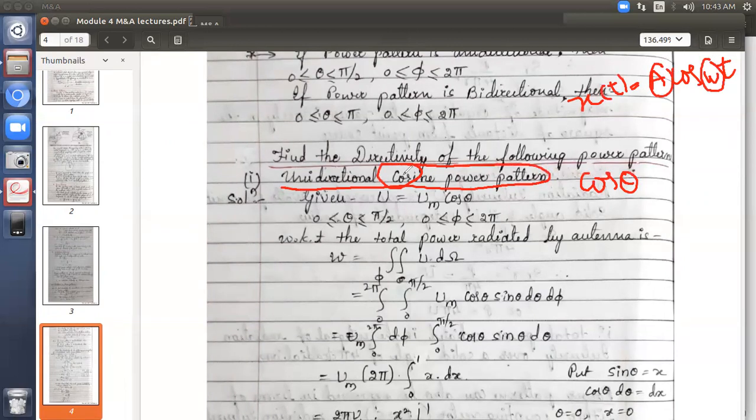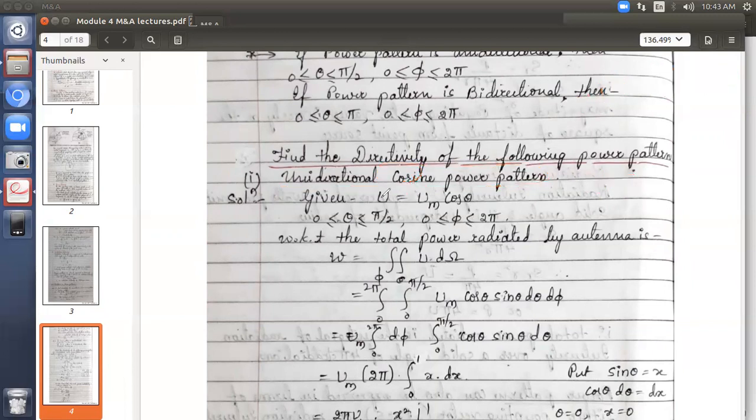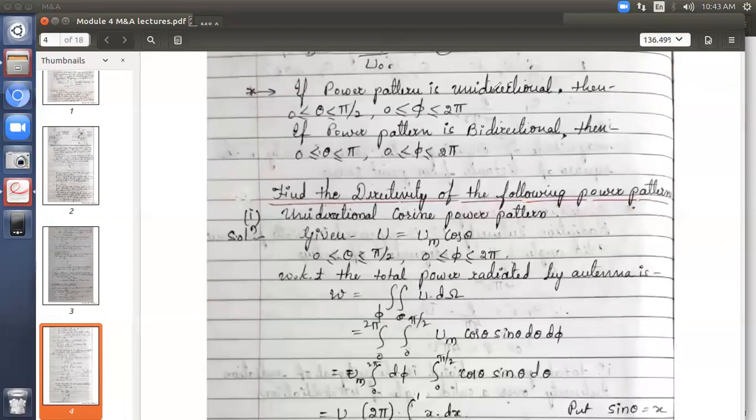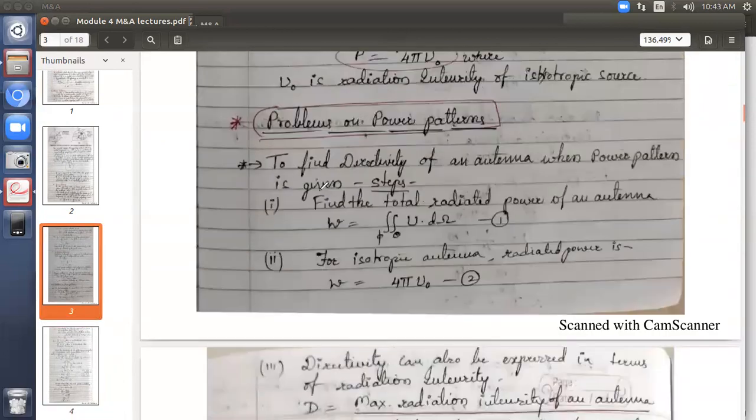Likewise, if I want to represent this cosine power pattern in terms of an equation, then I will write U equals maximum value amplitude Um cos theta. Why only U? Because the first step is we need to find the total radiated power, and it is in terms of U, radiation intensity.